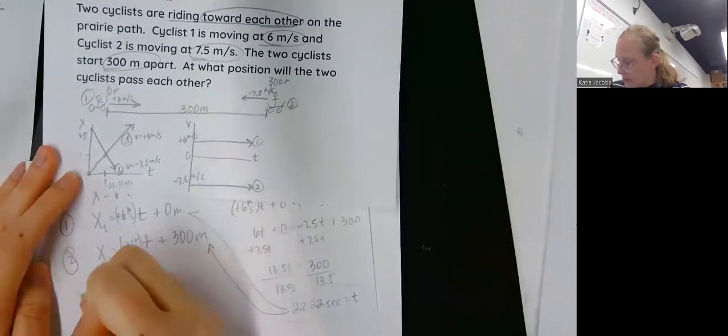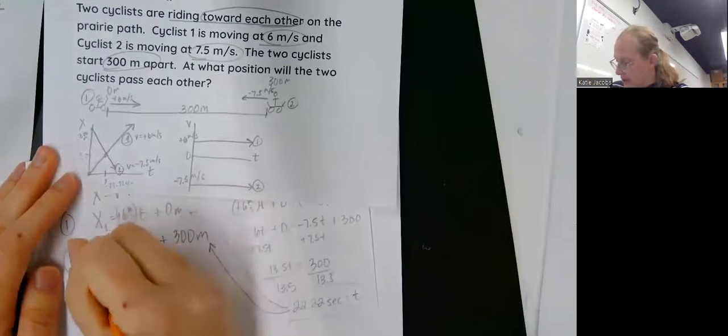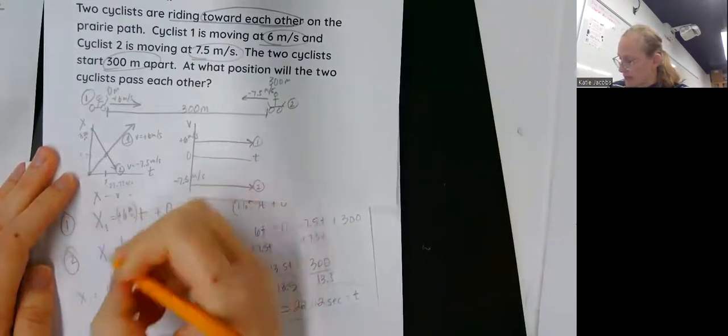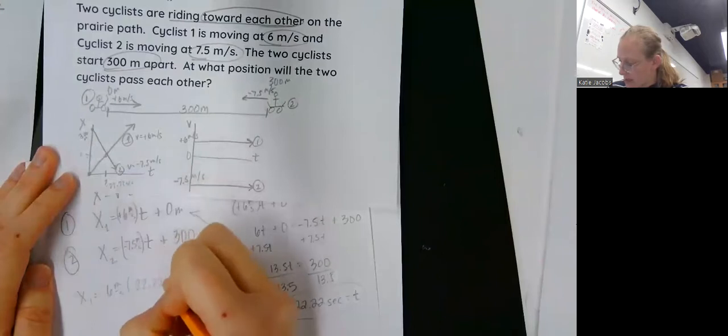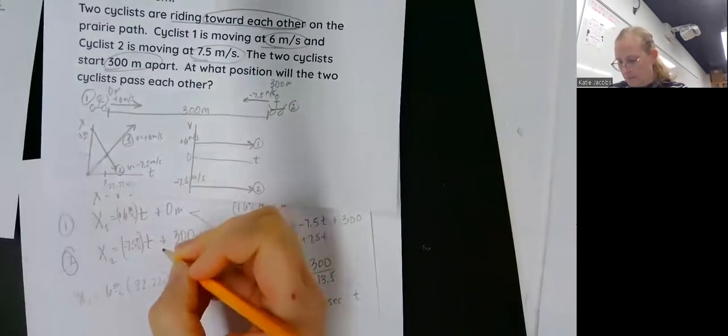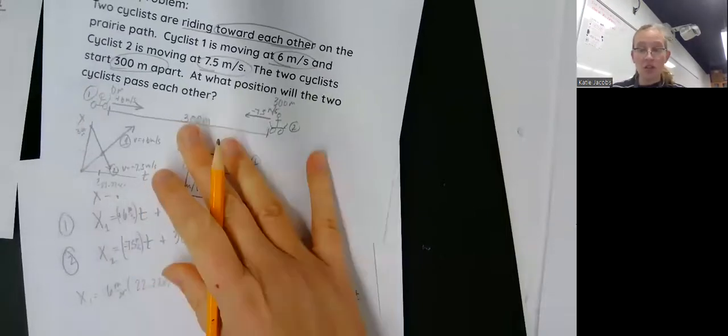I'm going to go ahead and do it in both to see if I get the same answer. So the first one, I'm going to do 6 meters per second times 22.22 seconds. Seconds cancels, and I end up with 133.33 meters. That's the position that object 1 was at. The position of object 2 should be exactly the same, but I'm just double checking it. So I'm going to do negative 7.5 times 22.22 first.